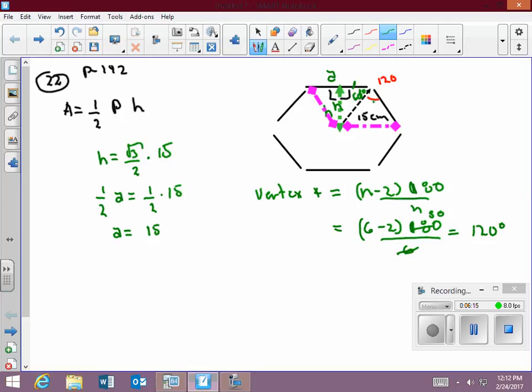Now we're ready to calculate the perimeter and the H. So the area is 1/2, and the perimeter is 6 times one of the sides, and then times that H, and H was the square root of 3 over 2 times 15.